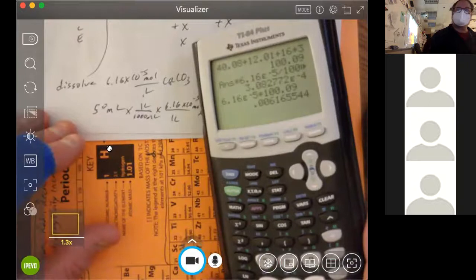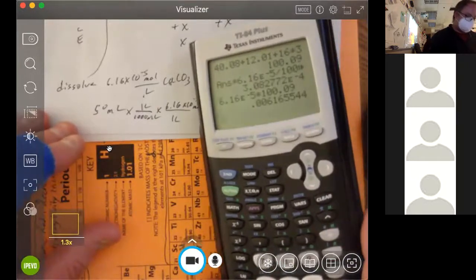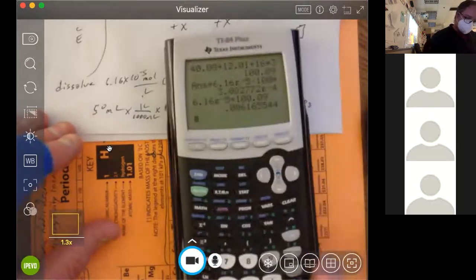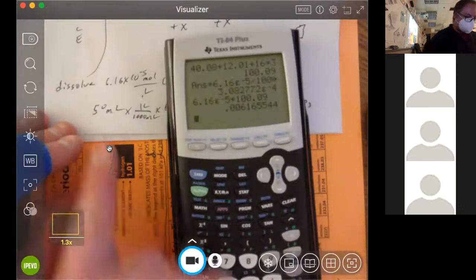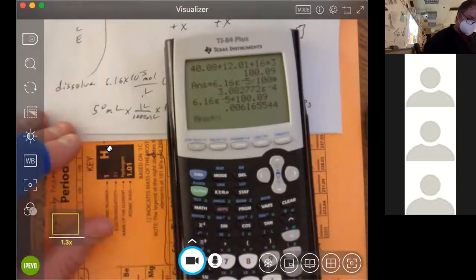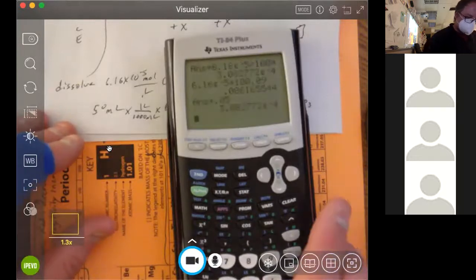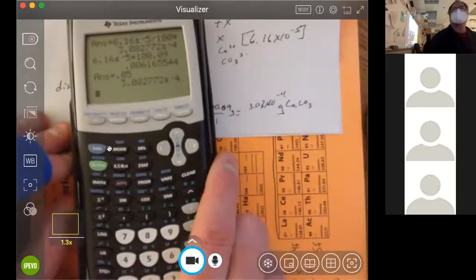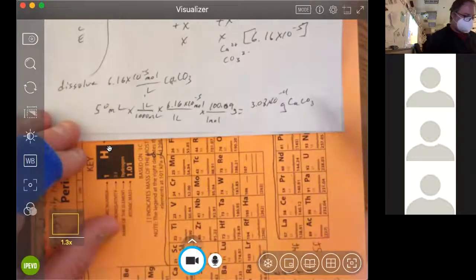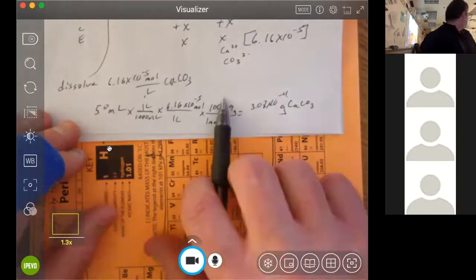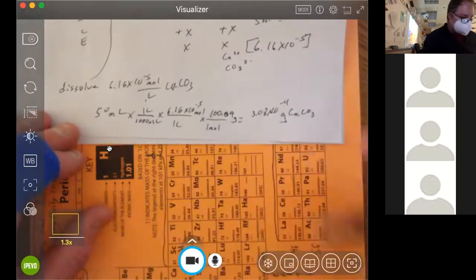That would be the grams that you could have per liter, right? Then we didn't have a liter, we only had 50 milliliters. And there we go. Either way works. This is the way that sets it up in my mind, the easiest.